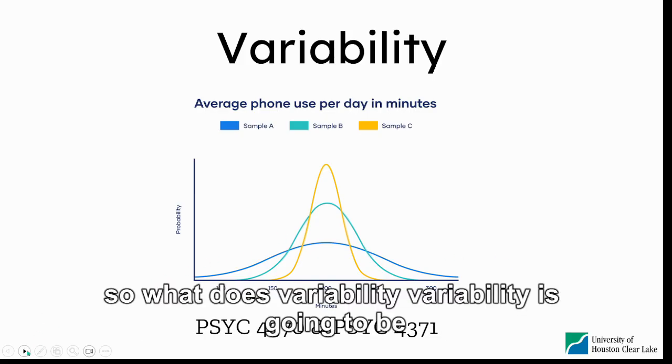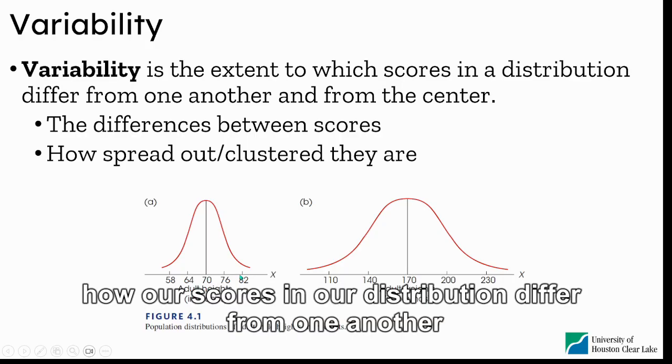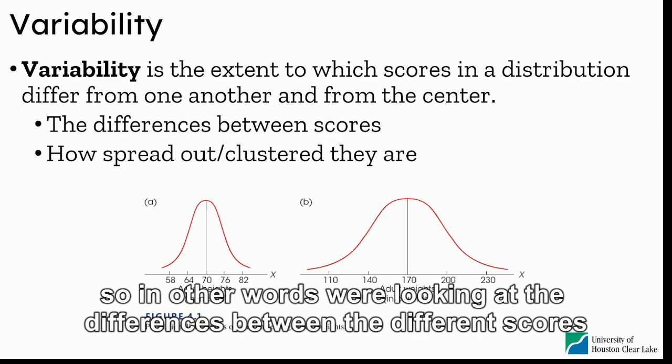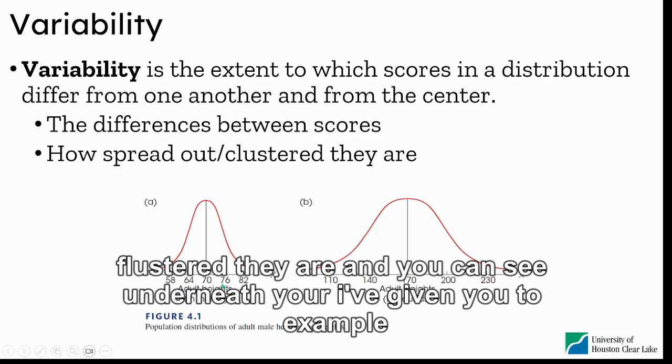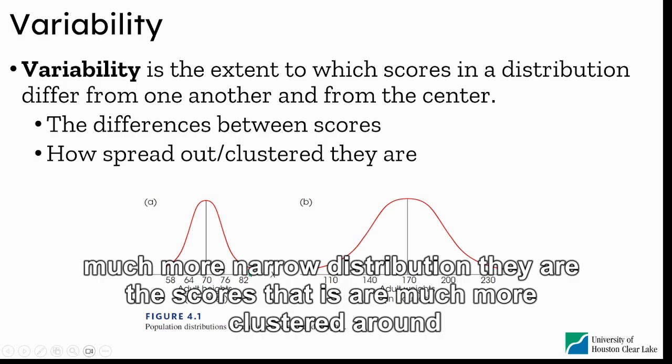So what is variability? Variability is going to be how our scores in our distribution differ from one another and how they differ from the center. So in other words, we're looking at the differences between the different scores and how spread out or clustered they are. And you can see underneath here I've given you two example distributions. The first one is adult height in inches, and you can see that it is a much more narrow distribution.